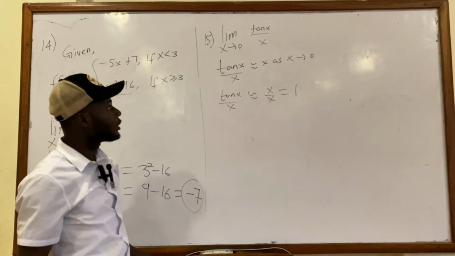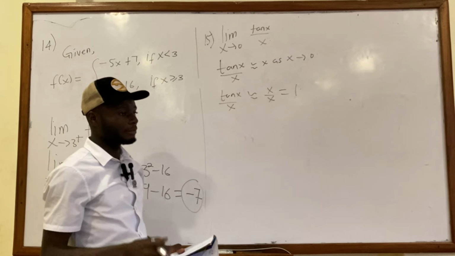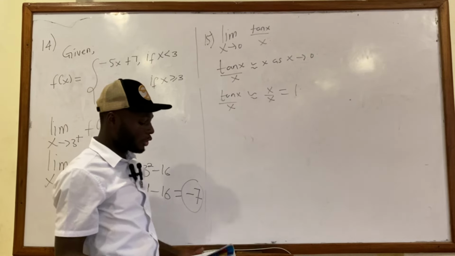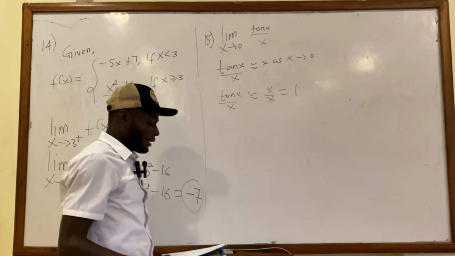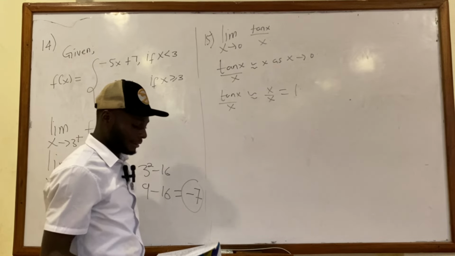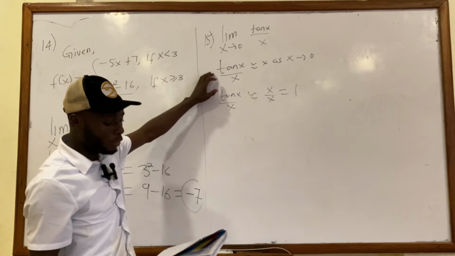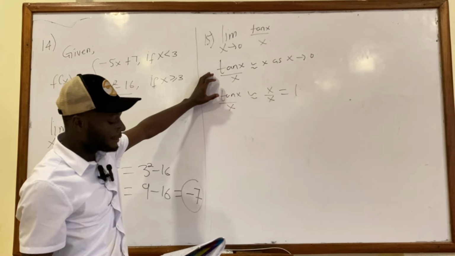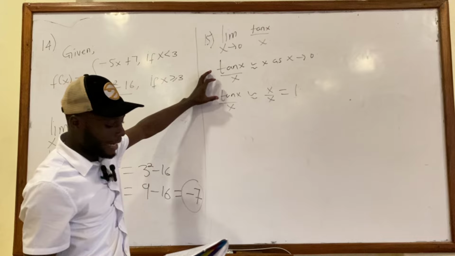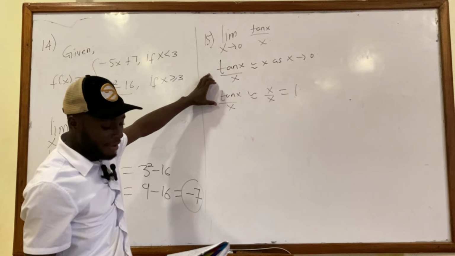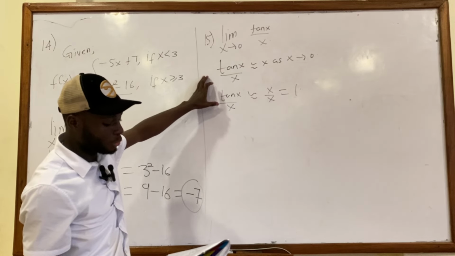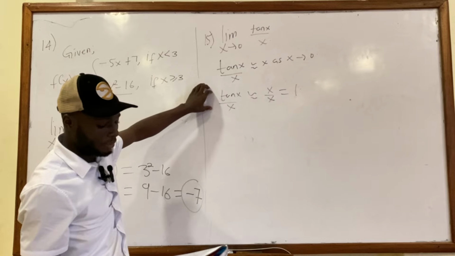All right, so let me go over this particular problem again. The function tan x can be approximated by x when x is very close to 0. This is because tan x and x behave very similarly near 0, right?